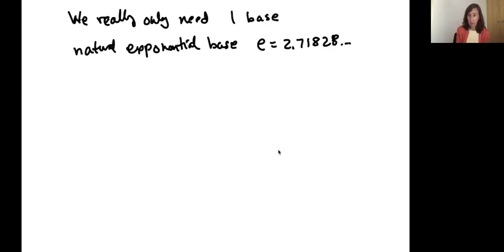So with that number as the base, we also have the natural log function, which would be a log base e, but everybody writes this as ln, natural log.